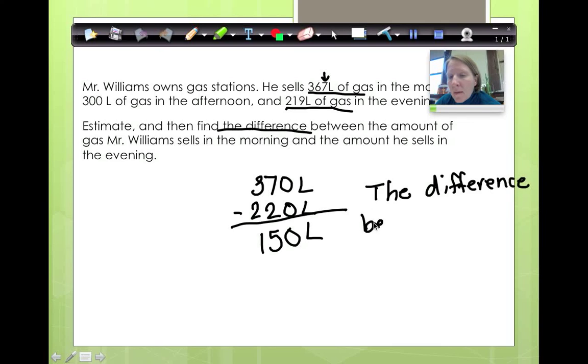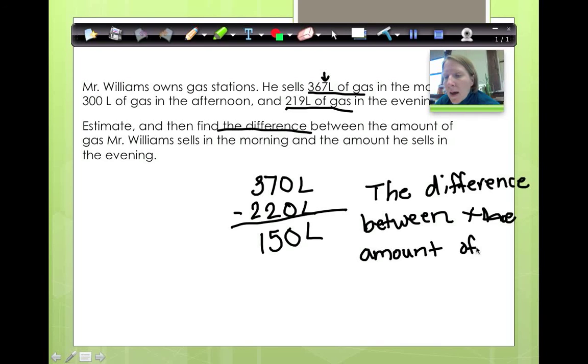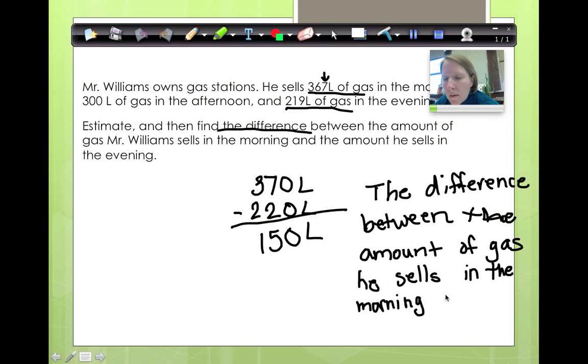Between the amount of gas he sells in the morning and evening is about, get that word in there. If you want to underline it, go ahead. 150 liters, period.